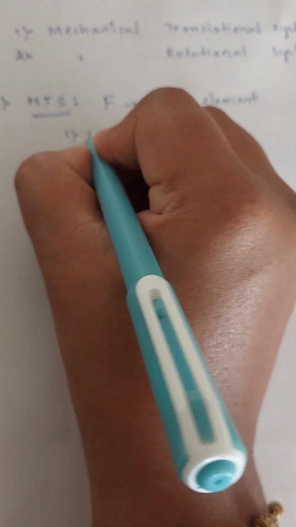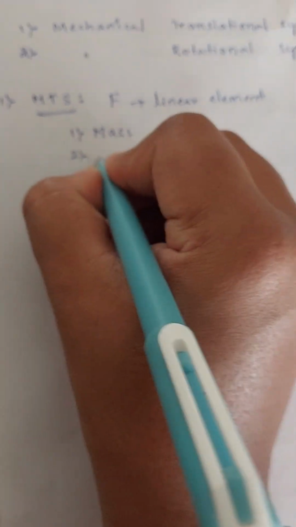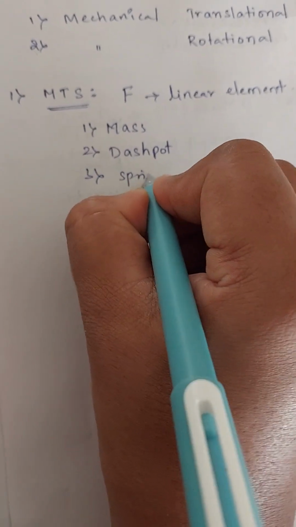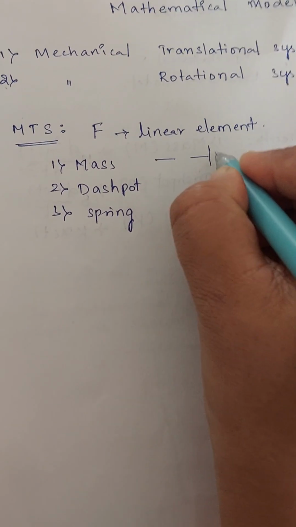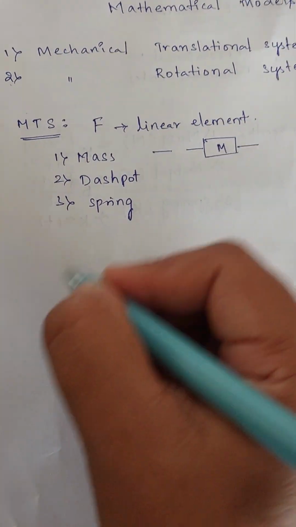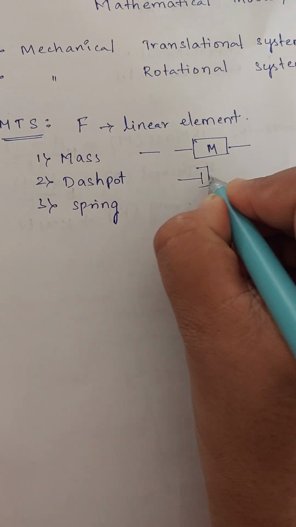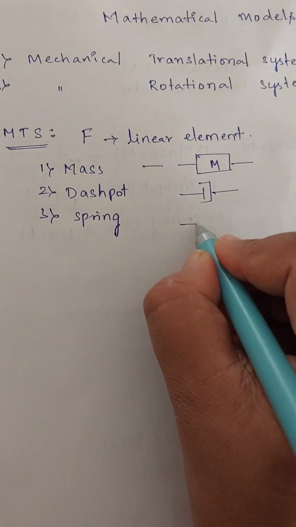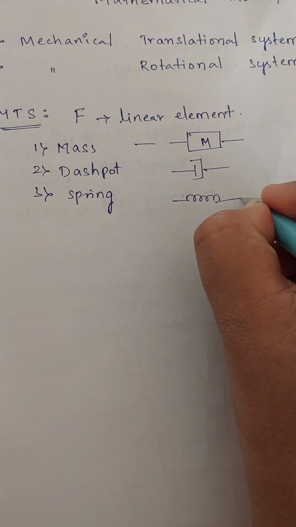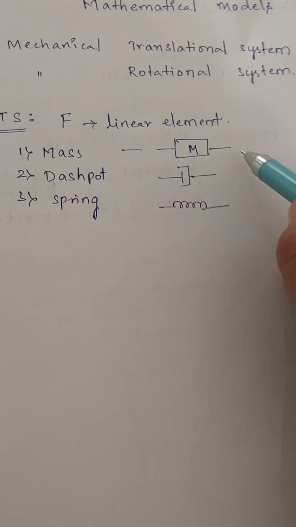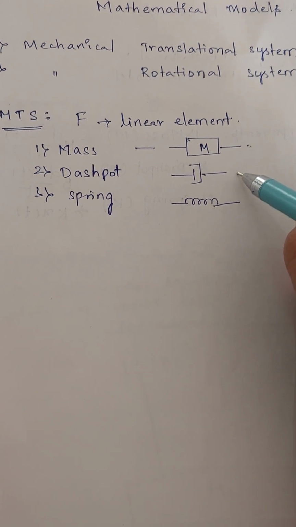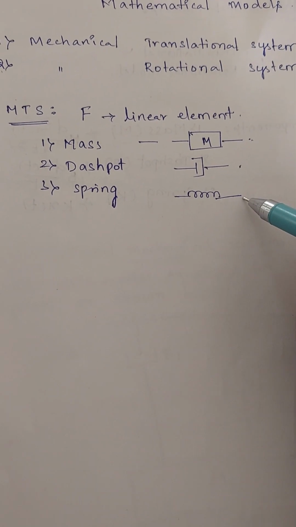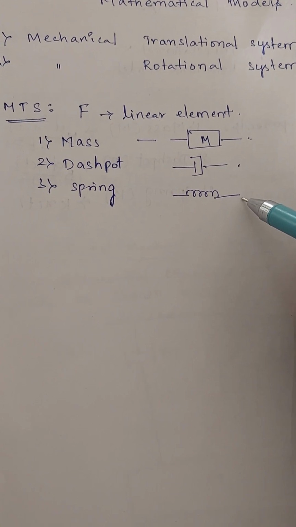The first one is mass, second is dashpot, third is spring. Mass is represented like this, the dashpot is represented as a piston element, and the spring is represented like this. Mass represents the weight of the system, the dashpot represents the frictional property of the system, and the spring represents the elastic property of the system.